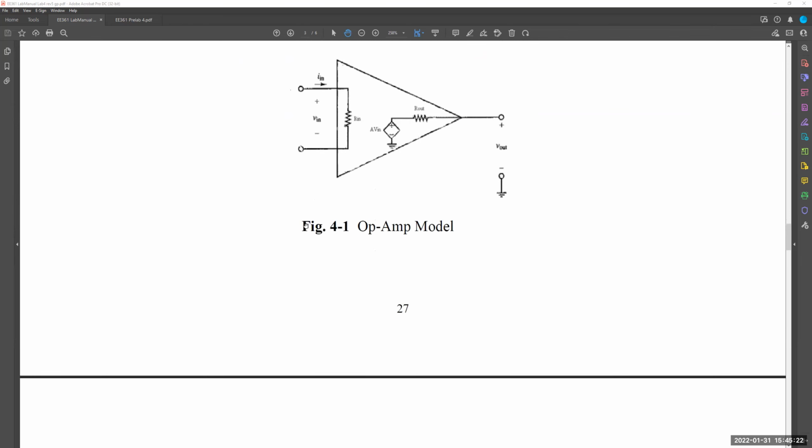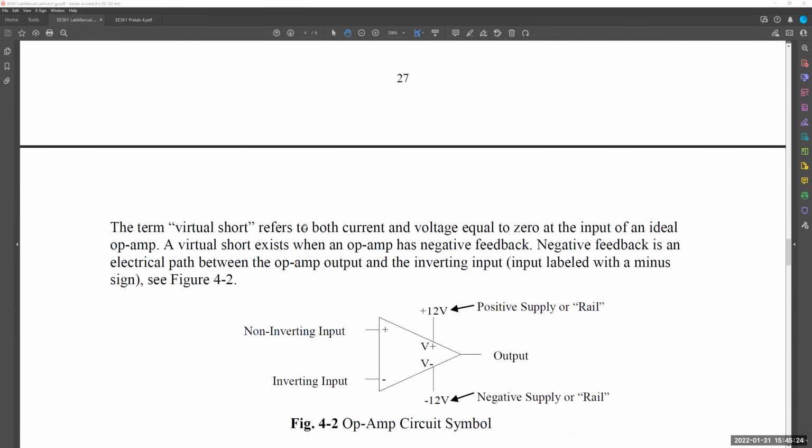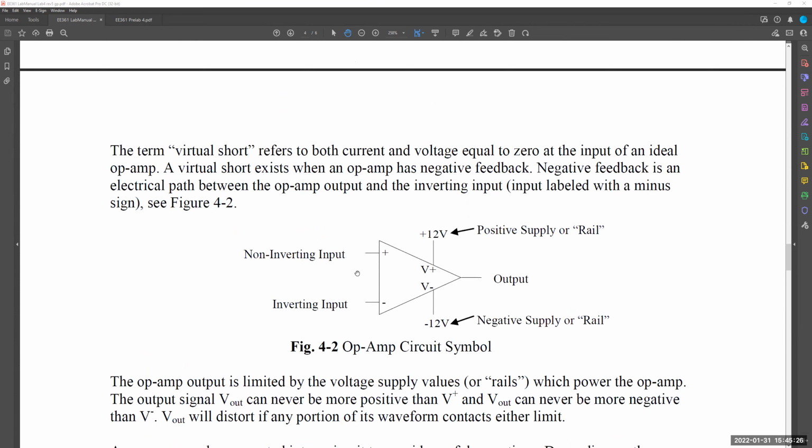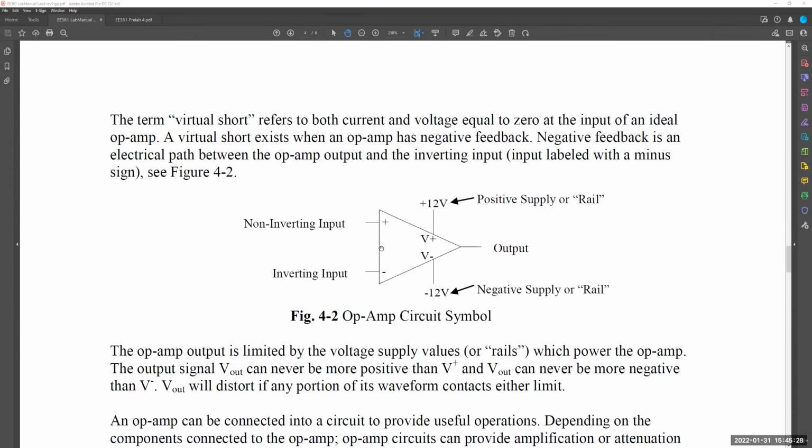Now, when we say inverting and non-inverting, the non-inverting input basically appears exactly as it is, in phase at the output, of course with some amplification built into it. And the inverting input is actually going to take your input and invert it by 180 degrees.